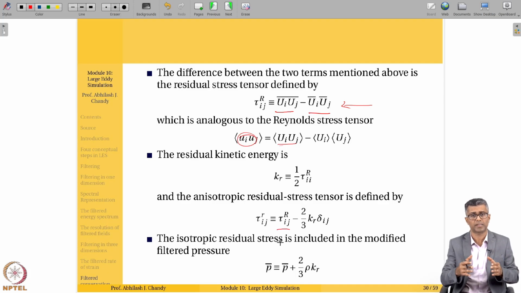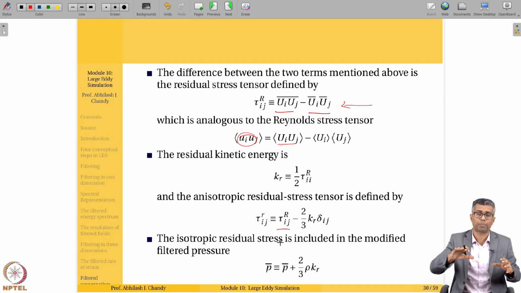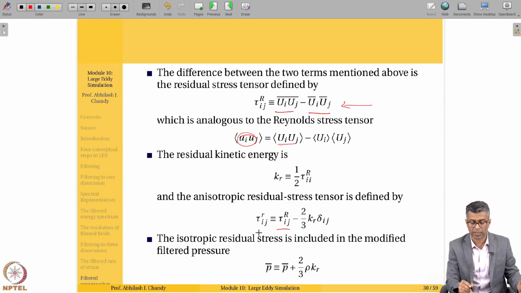I'm separating out the isotropic part, which is the trace, from the anisotropic part, which is the non-diagonal components. The anisotropic part is tau_ij^R minus 2/3 Kr delta_ij.